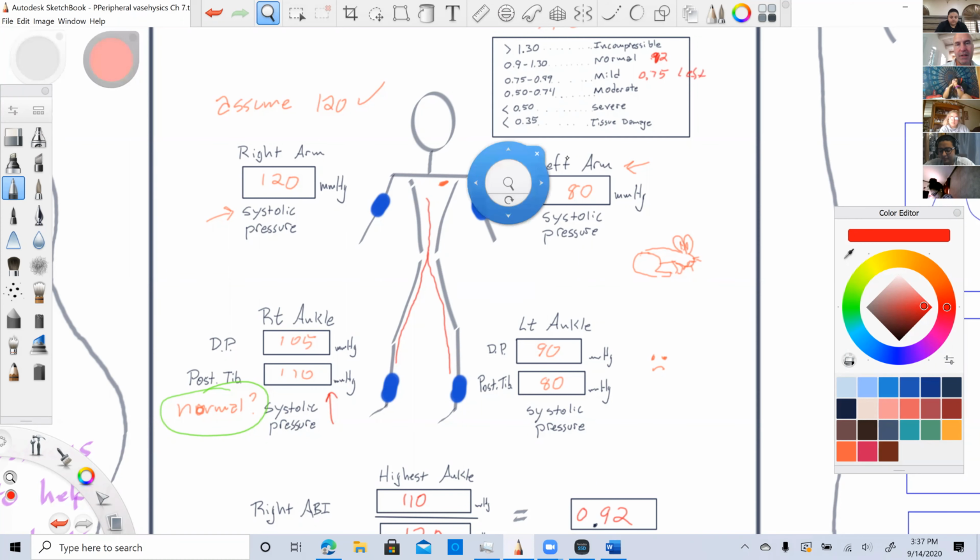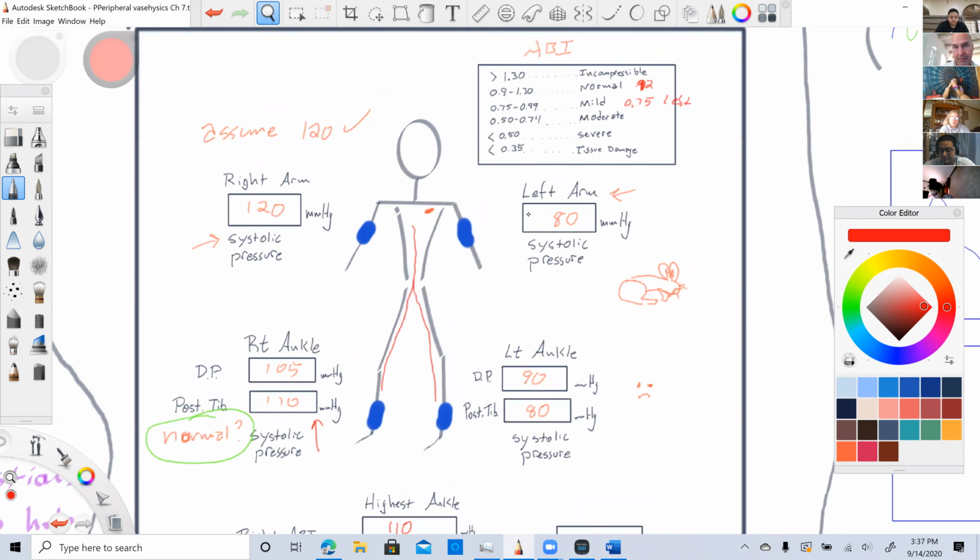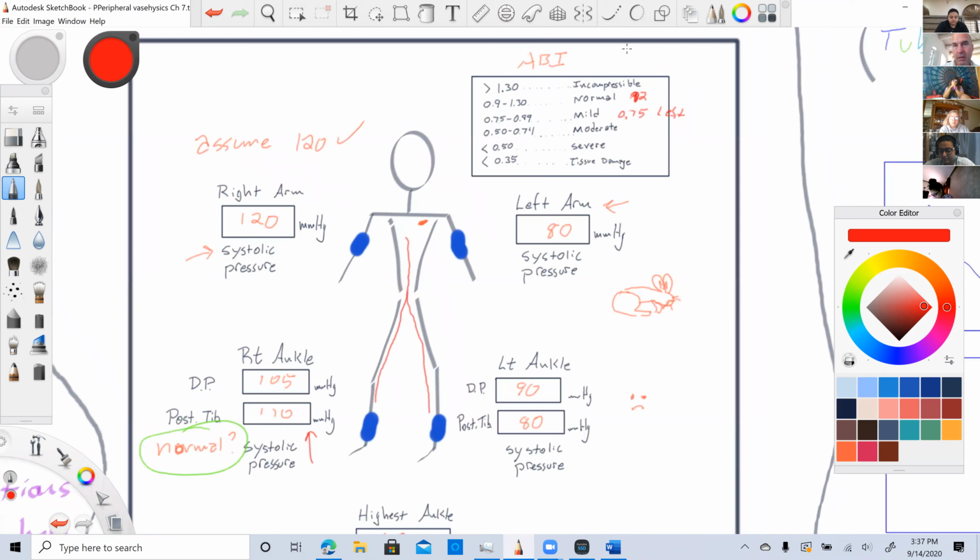Why, and this happens a lot, incompressible, 1.3 or above, or I should say greater than 1.3, 1.31 or above. You guys know who these people are? Diabetes mellitus.